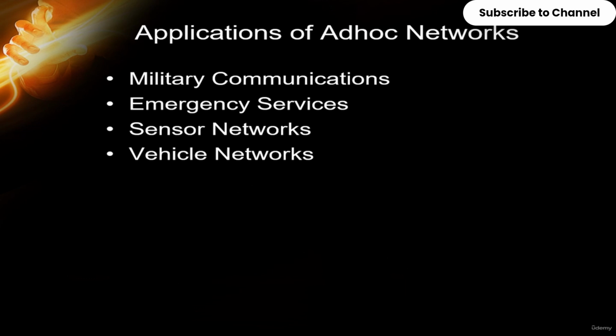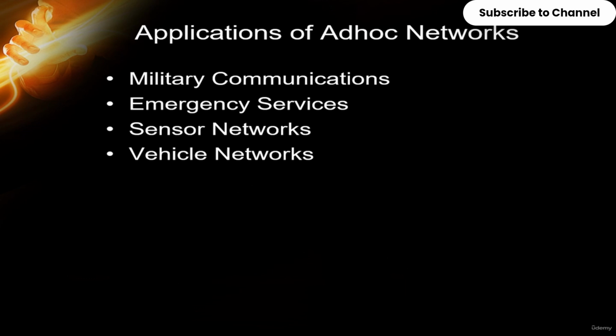Another application is sensor networking, or smart networking, which is useful for home or office automation, with various devices communicating and coordinating with these networks. And vehicle networks, previously we saw that type, that is vehicle ad hoc networking.